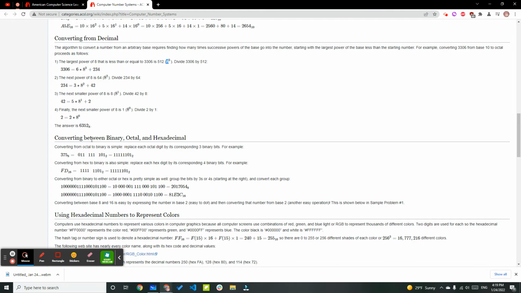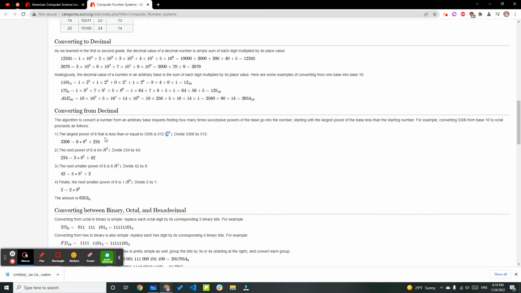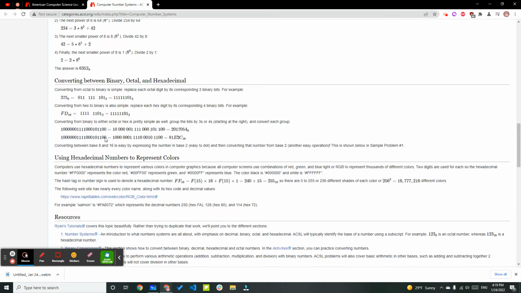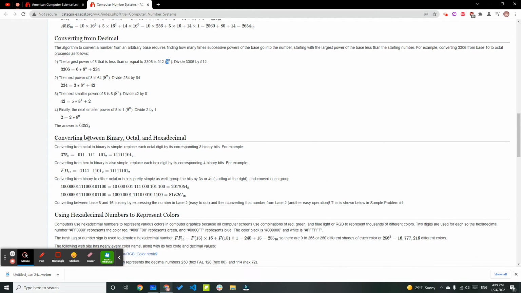Moving on to converting between binary, octal, and hexadecimal. To convert from octal to binary, you replace each octal digit by its corresponding 3 binary bits.